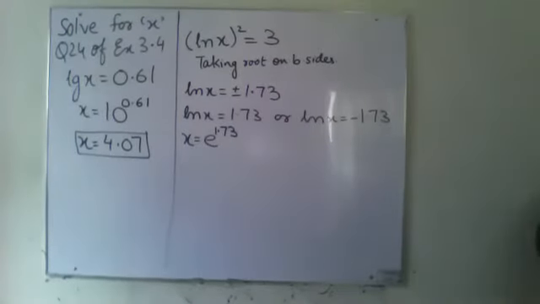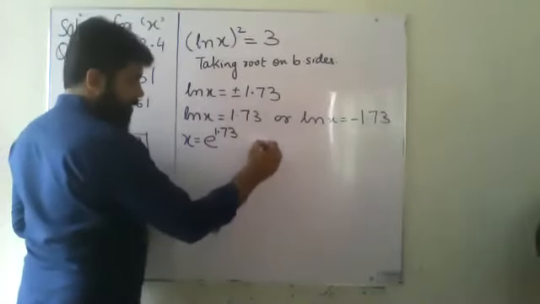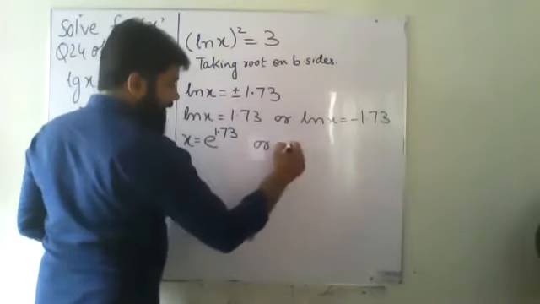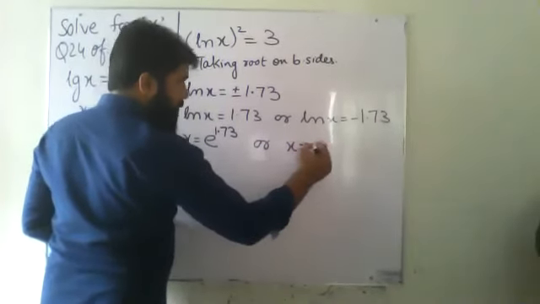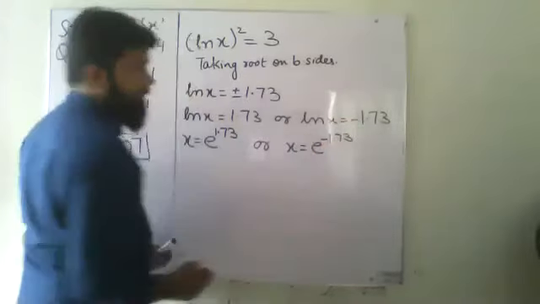Okay. So when I will simplify this one, x equals to exponential minus 1.73.